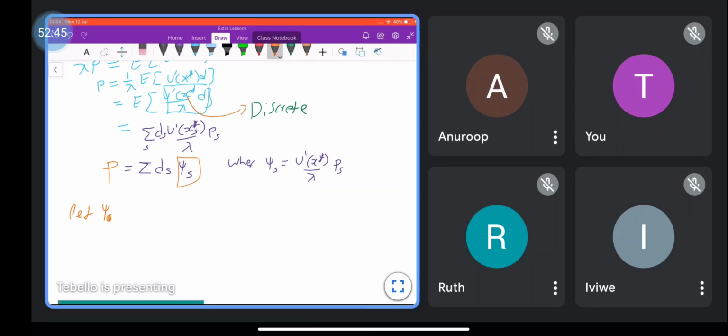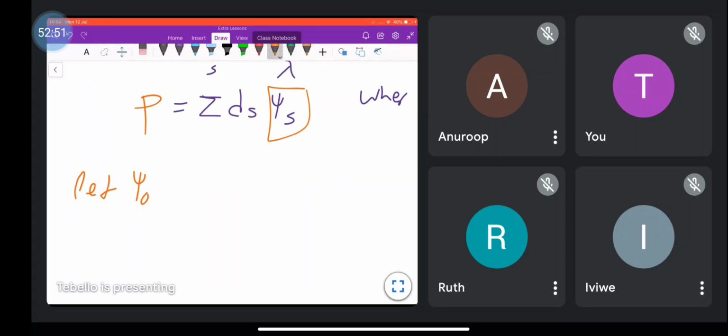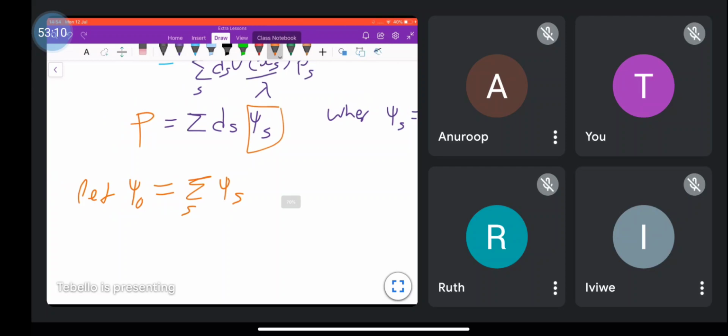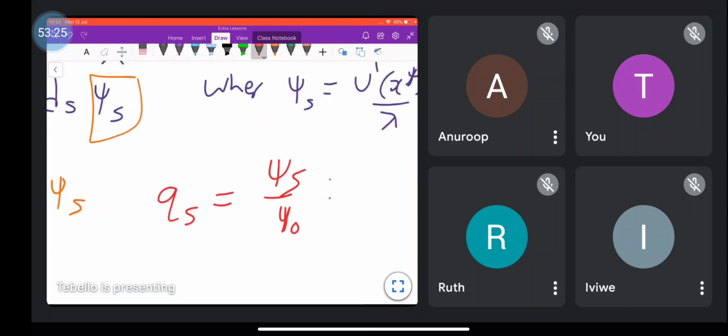So theta 0. You can just say let psi 0 be equal to the sum of all your state pricing. I'm going to use s because I used s over here. So if this is the case, you can define artificial probability. Qs is going to be equal to psi s over psi 0. This is what you call artificial probability.